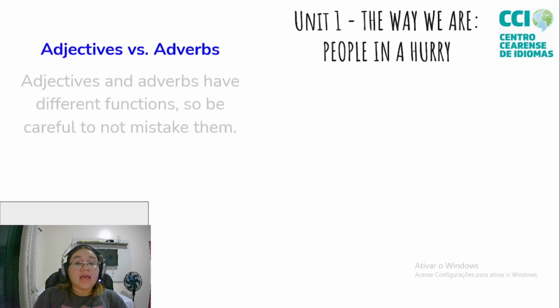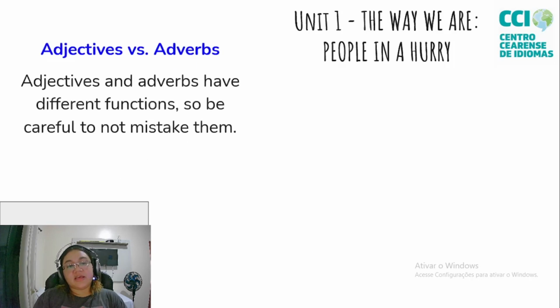So, adjectives versus adverbs. These two words have different functions. An adjective describes someone. It is a description of characteristics, which can be physical characteristics or personality characteristics. Adverbs describe manner.